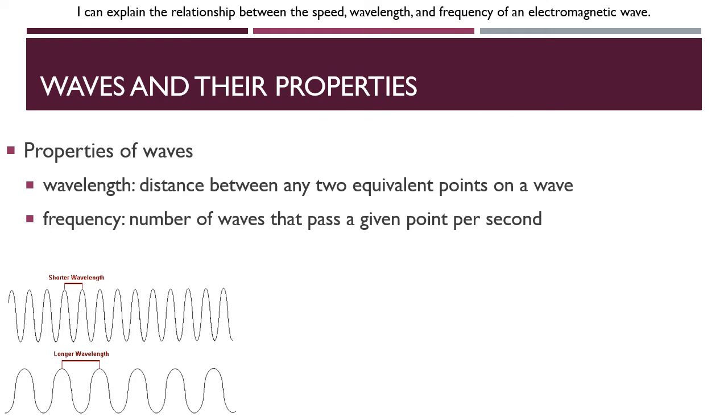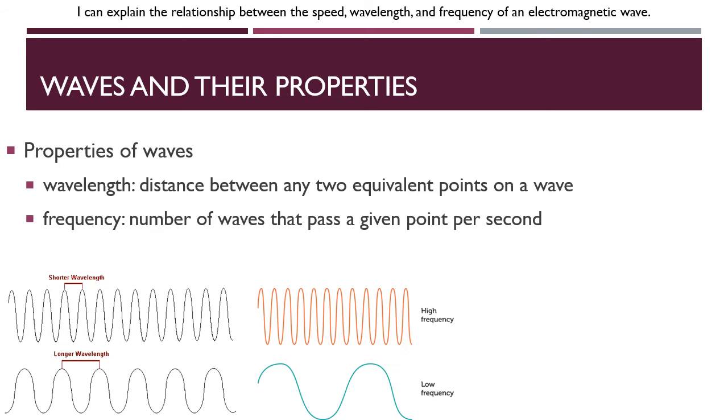Another is known as frequency. And the frequency of a wave is just the number of waves that pass a given point per second. Now this is related to the wavelength, as we'll see here. Here again, I have two different waves, one with a short wavelength, one with a long wavelength. Notice the shorter wavelength would have a higher frequency.